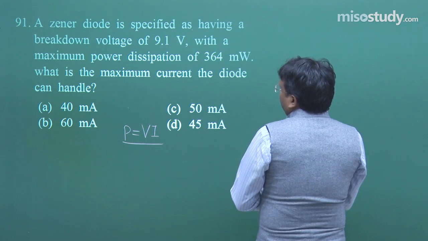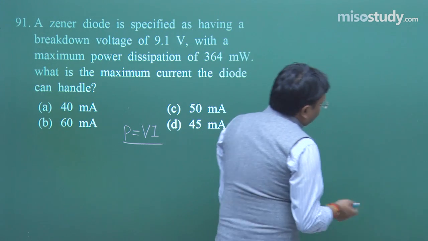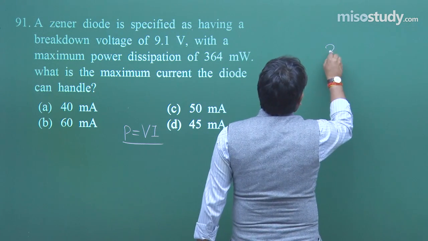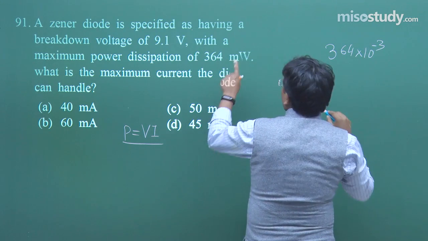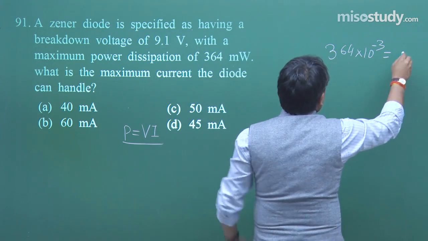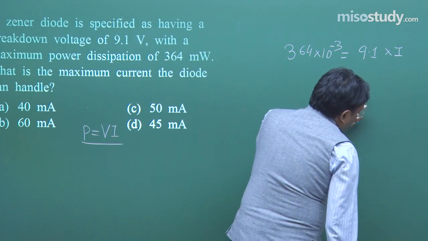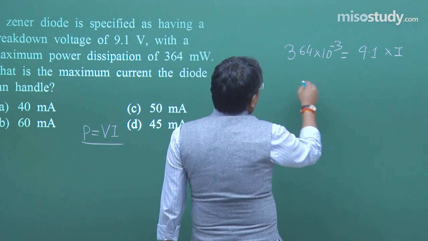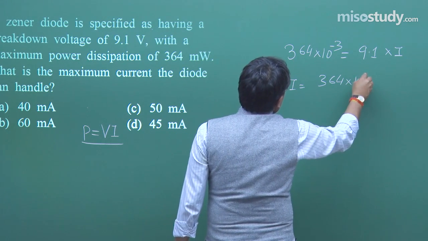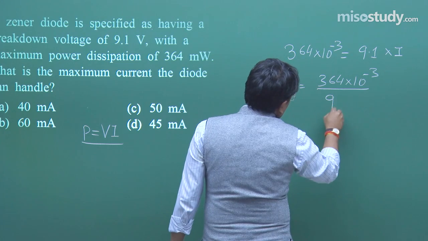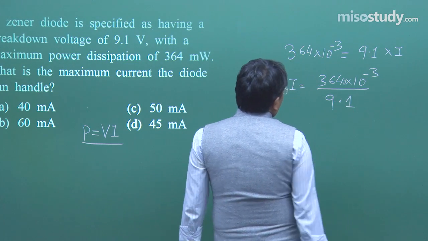So, power is given and accordingly this voltage is given. So, we can use this value, that is 364 into 10 to the power minus 3 is equal to V into I. I hope it is so simple for you to understand it. Now, I is equal to 364 into 10 to the power minus 3 upon 9.1. Let us start solving.